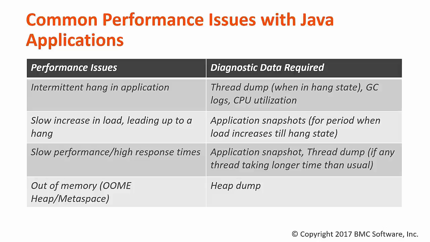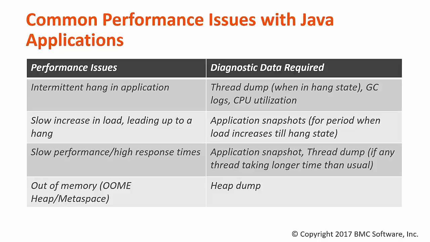In this scenario, we would need to capture an application snapshot and thread dump. From the application snapshot, we will be able to track down at what time performance is getting slower, and we can analyze the thread dump for that particular timestamp to see if any thread is taking longer than usual.